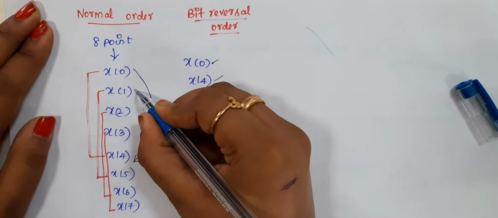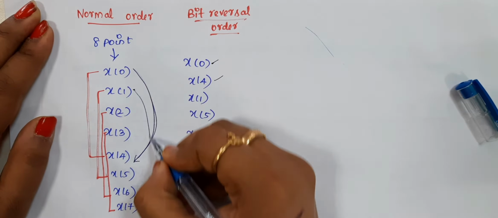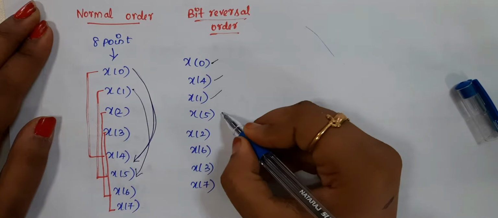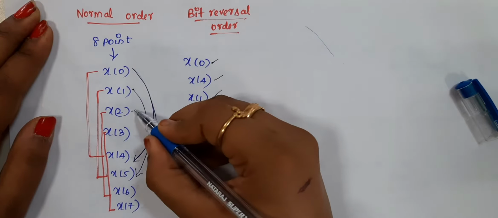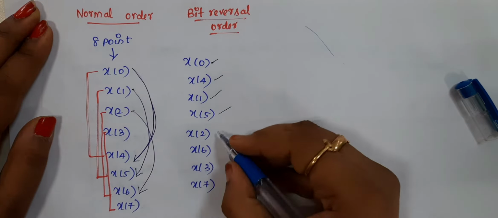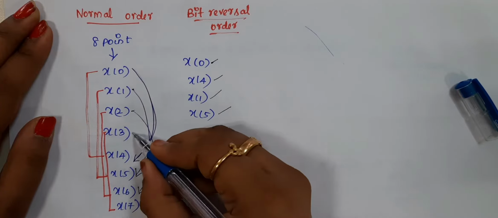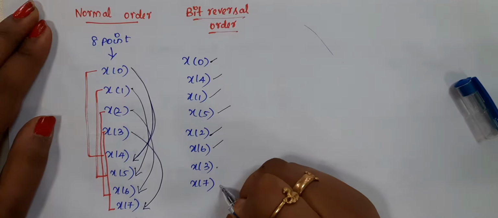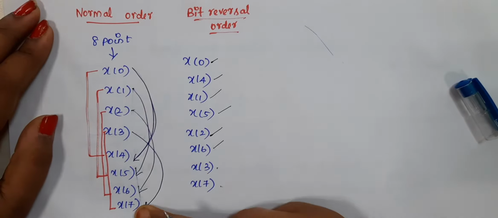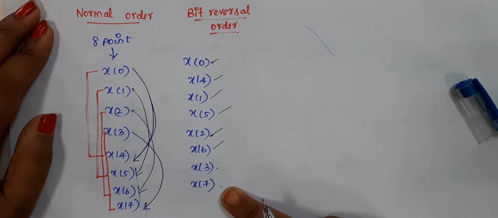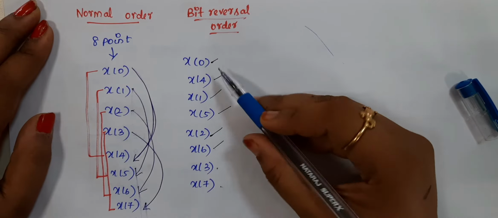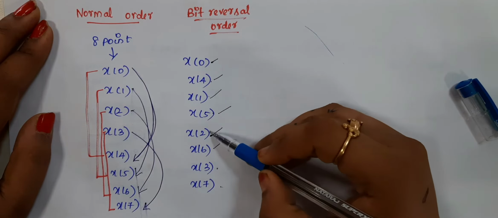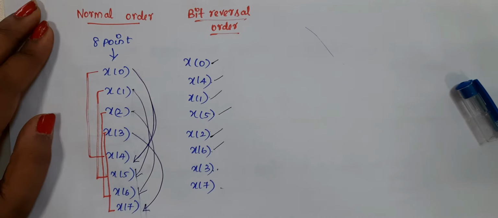Next after x of 1, x of 5 should come, so x of 1, x of 5, and x of 2, after that x of 6, so x of 2, x of 6, and after that x of 3, x of 7. So this is all about the normal order and this is all about the bit reversal order: x of 0, 4, 1, 5, 2, 6, 3 and 7.